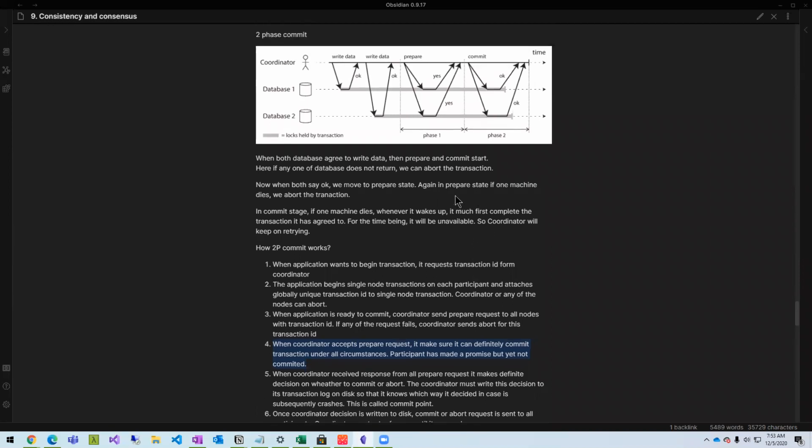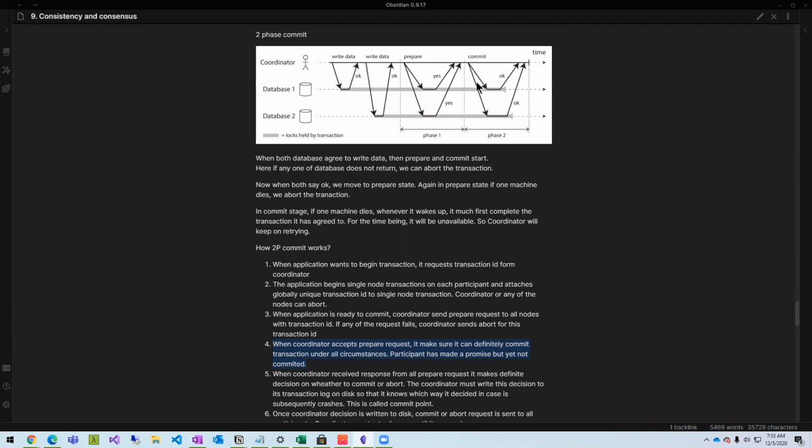So basically, if the database goes down after this point, whenever it comes back again, it will first talk to the coordinator and ask if there was any pending transaction for which it needs to know the decision.